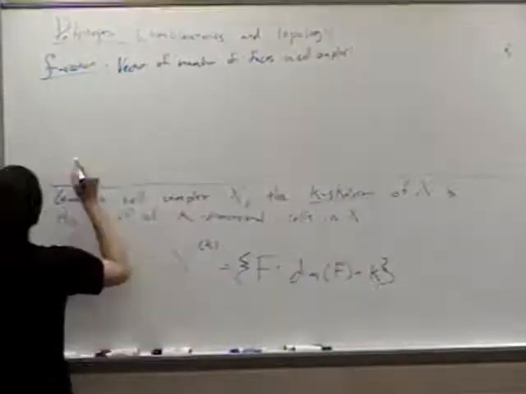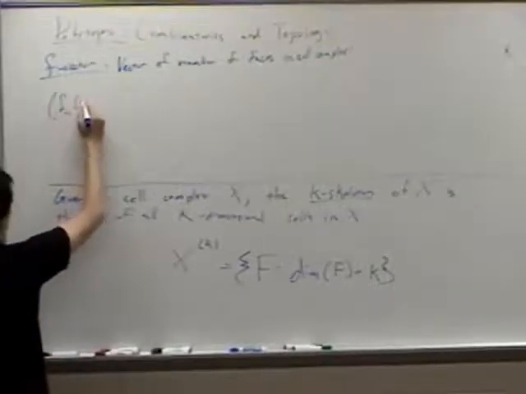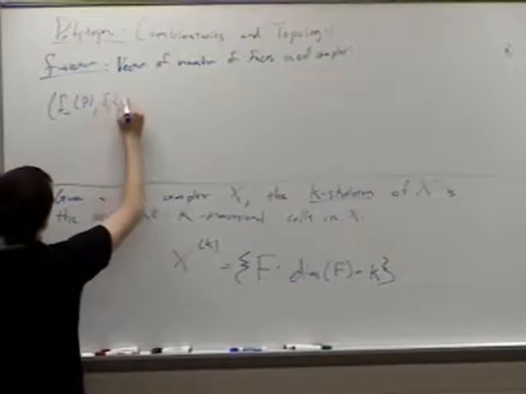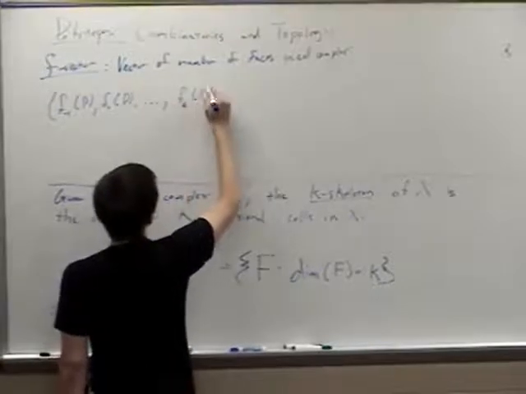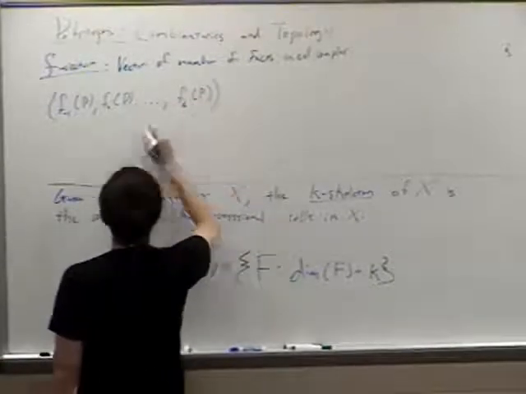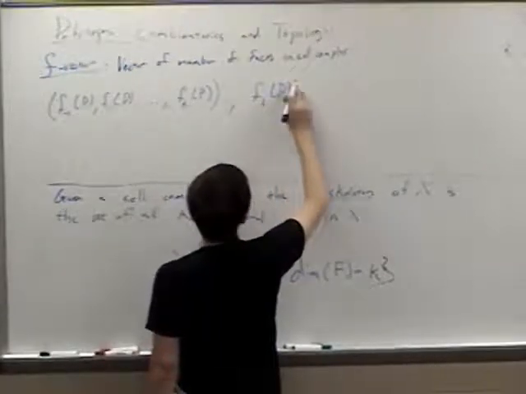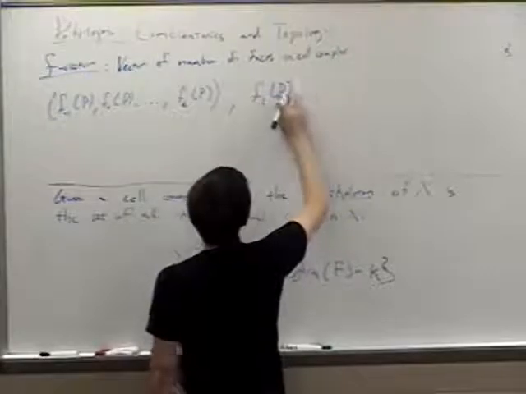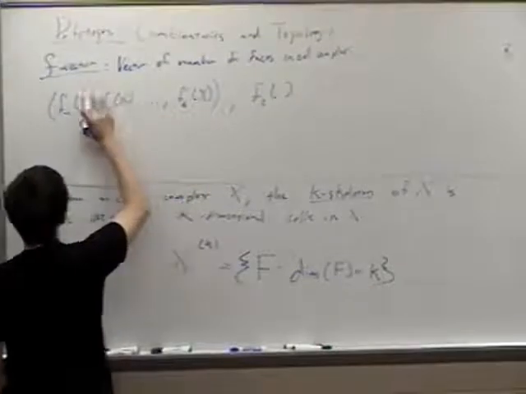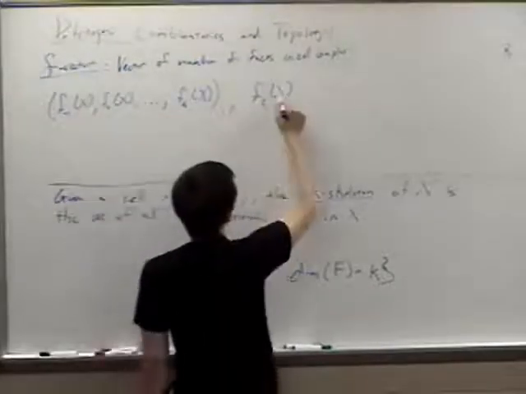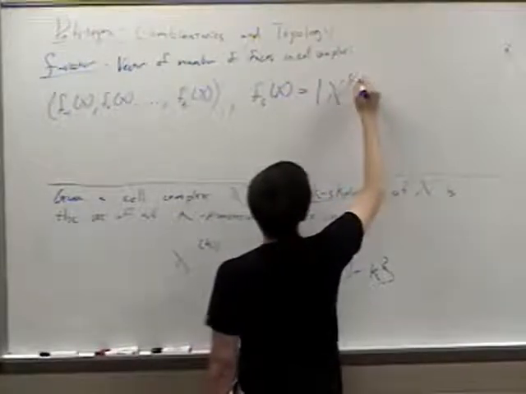So here's the idea. It's just some vector f sub negative 1 of p, f sub 0 of p, and so on, all the way up to f sub d of p, where f sub I of x, not p, whoops, right, talking about a cell complex here, f sub I of x is just the cardinality of the I skeleton.